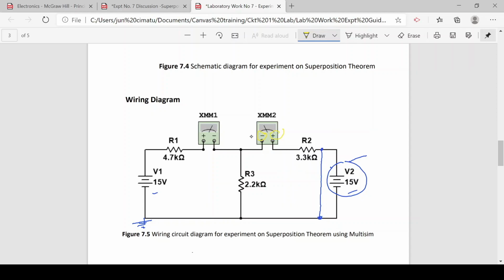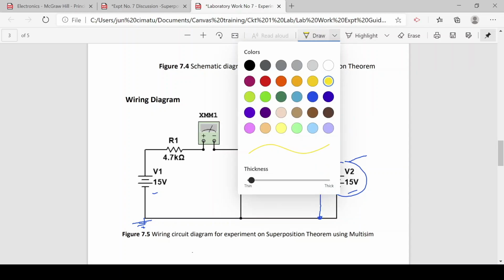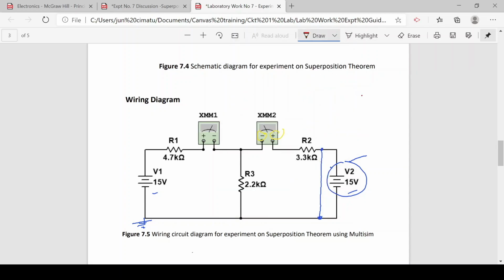The polarity should be interchanged, because we expect the current to be coming from B1. So this should be the positive terminal and this should be the negative terminal.